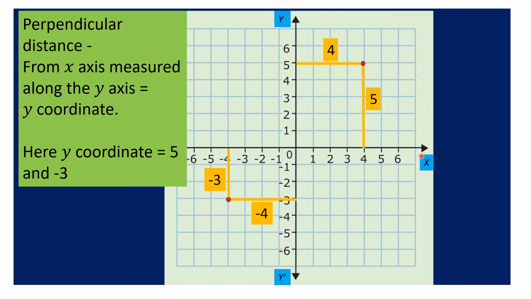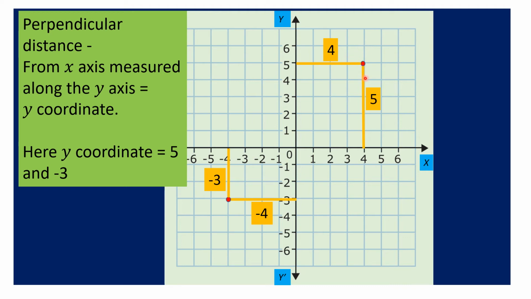So the perpendicular distance measured from the x-axis, we start measuring from the x-axis, along the y-axis, parallel to the y-axis, is called the y-coordinate of the point, okay?